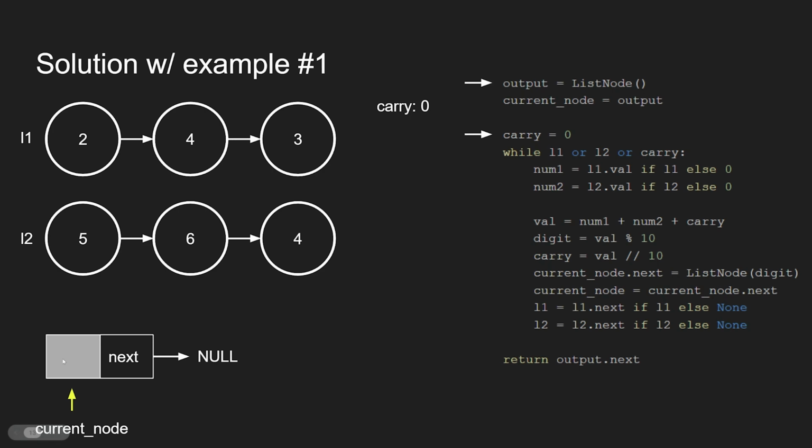So basically this creates an empty node that points to null. Then we define current node as the output node. So we add a pointer or a reference to this node here. And we also establish a carry variable that's set to 0 by default.